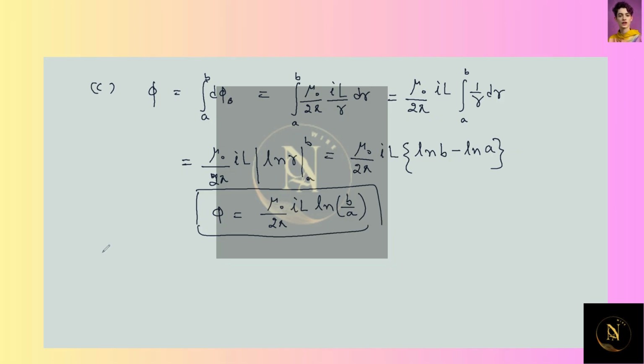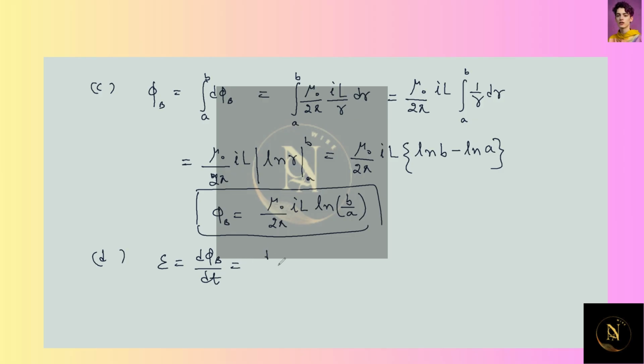Now finally, in the fourth part of the problem, we have to find the induced EMF in the loop. Using Faraday's laws of electromagnetic induction, we know this EMF in magnitude is given as d phi B by dt, the differentiation of the total flux.